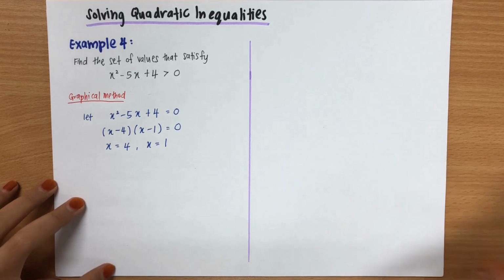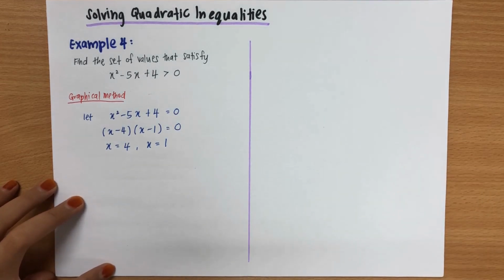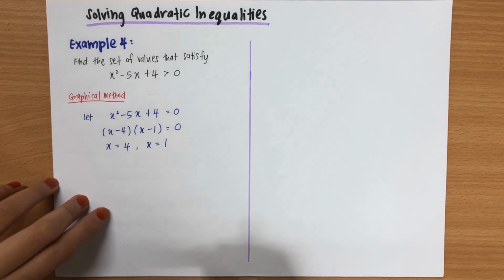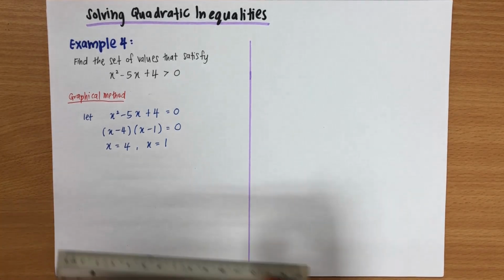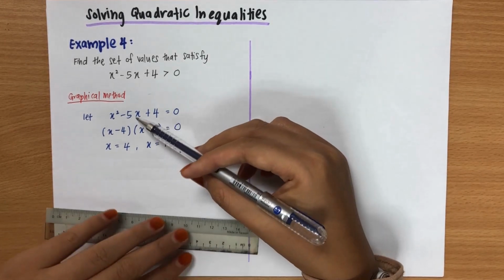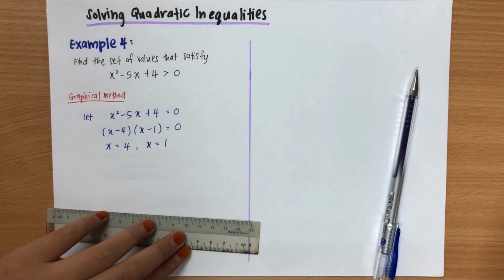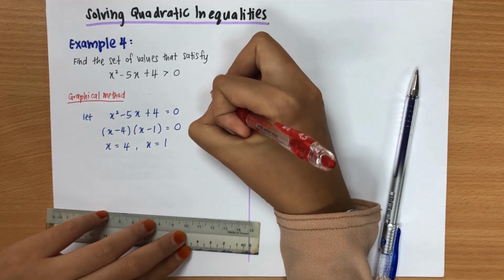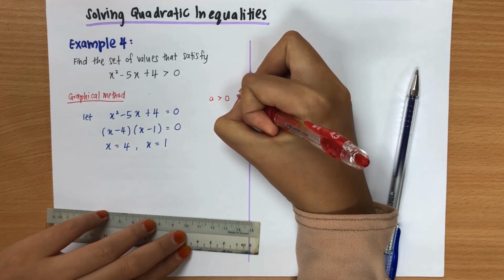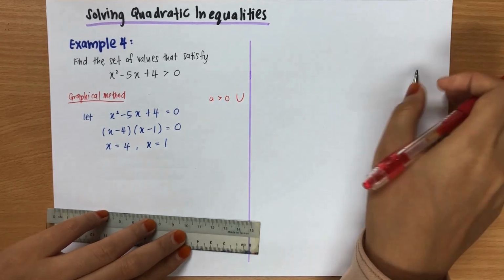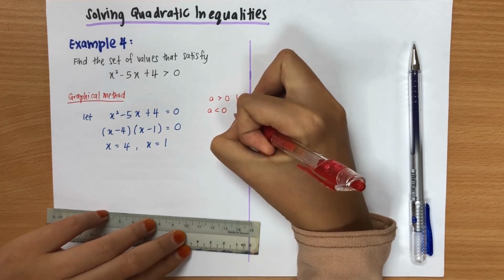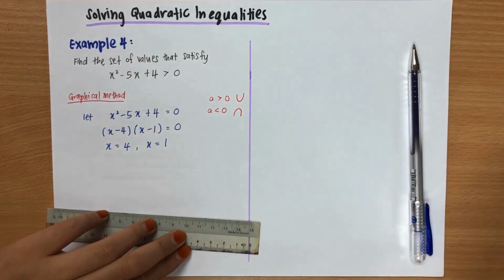What we need to do next is sketch the graph. There are only two different types of graph. The first one is the positive quadratic graph. For a positive quadratic graph, that is a greater than 0, the graph will curve open upwards. If a is less than 0, it will curve downwards.